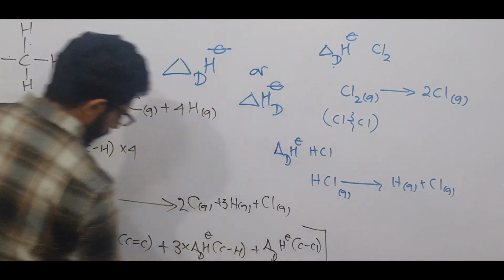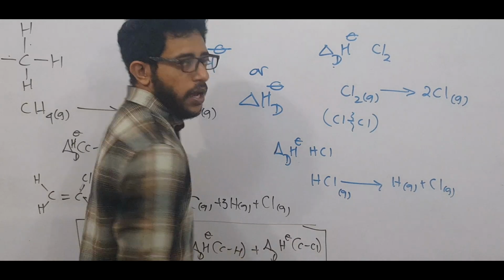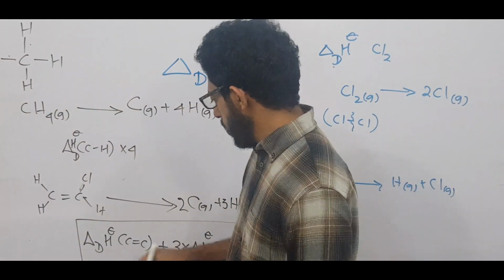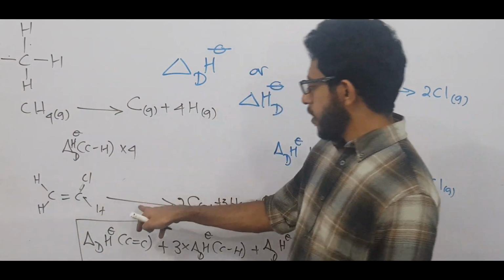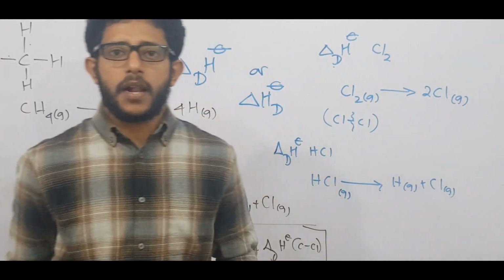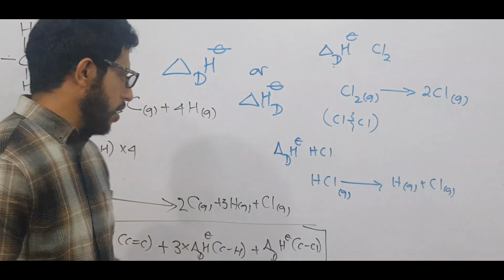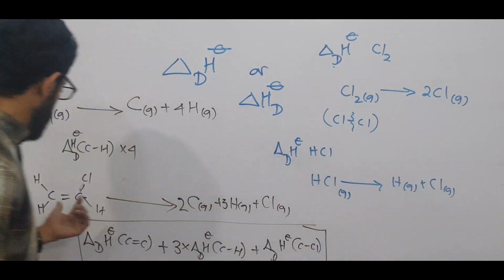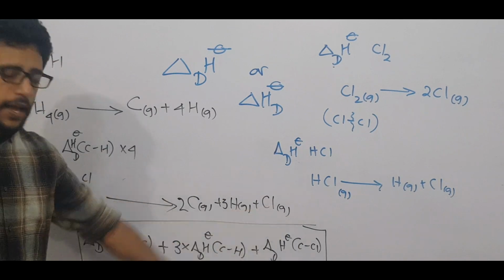So the summation of all these enthalpy values represents the enthalpy change for this particular reaction. To summarize, bond enthalpy is the breaking of a gaseous bond, and when you have more than one bond type, you have to add everything.